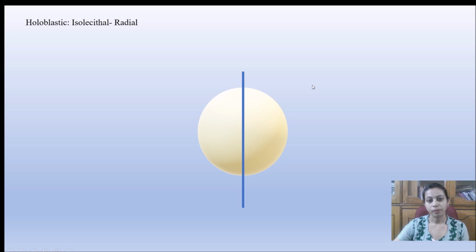The first division will lead to the formation of two cells, and here you can see that these two cells are of equal size, and the yolk and cytoplasm are equally distributed.